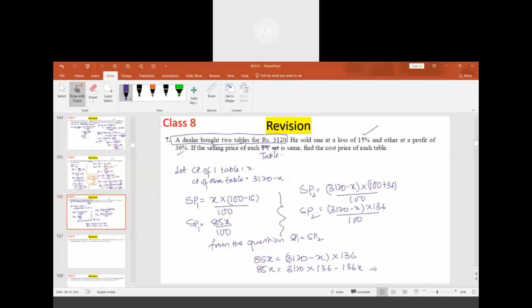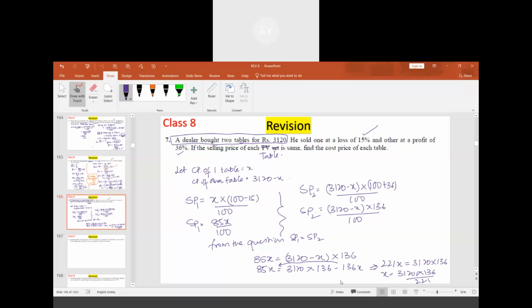So 221x is equal to 3120 into 136. Ashutosh, this is minus 136x. So when you transpose it, we are adding them. Sir, I thought that you are transposing 85x to the right hand side, sir.